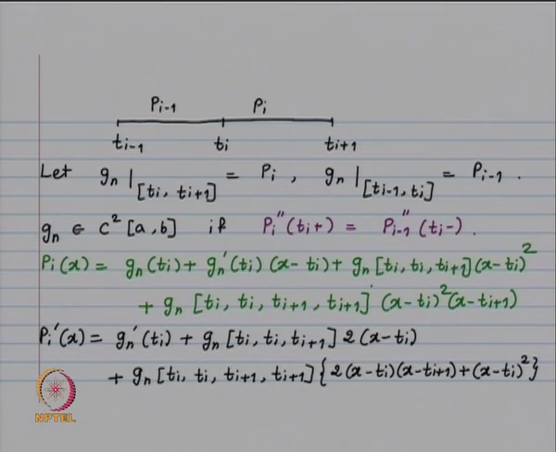So, when you take the derivative, g_n(t_i) is constant, so that term vanishes.